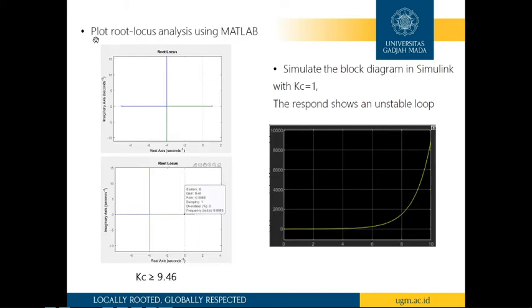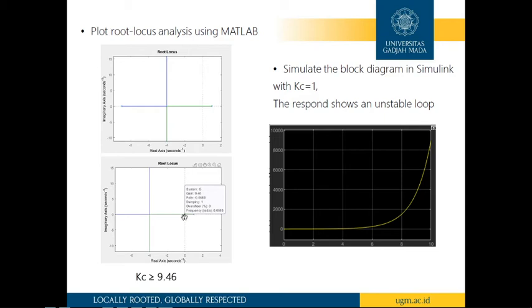The root locus plot using MATLAB for the second order has a different diagram from the third order. The second order gives a plus sign diagram.